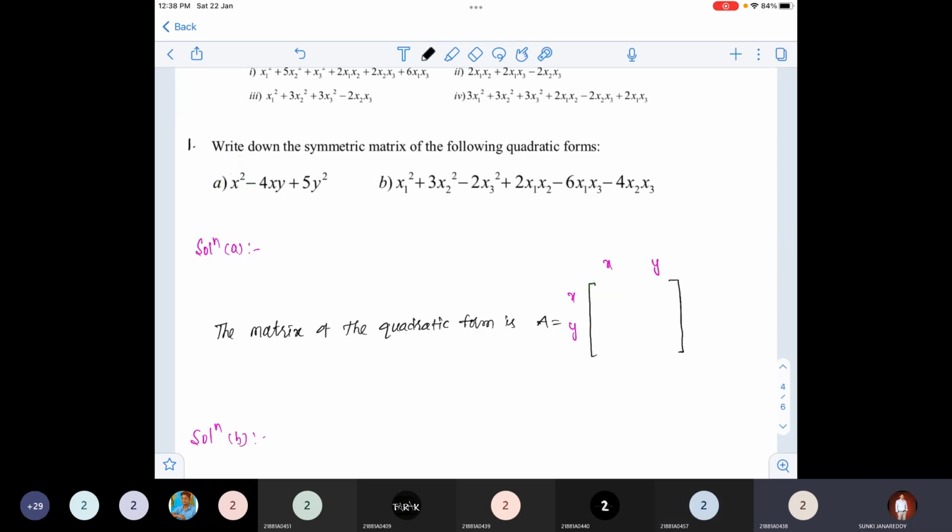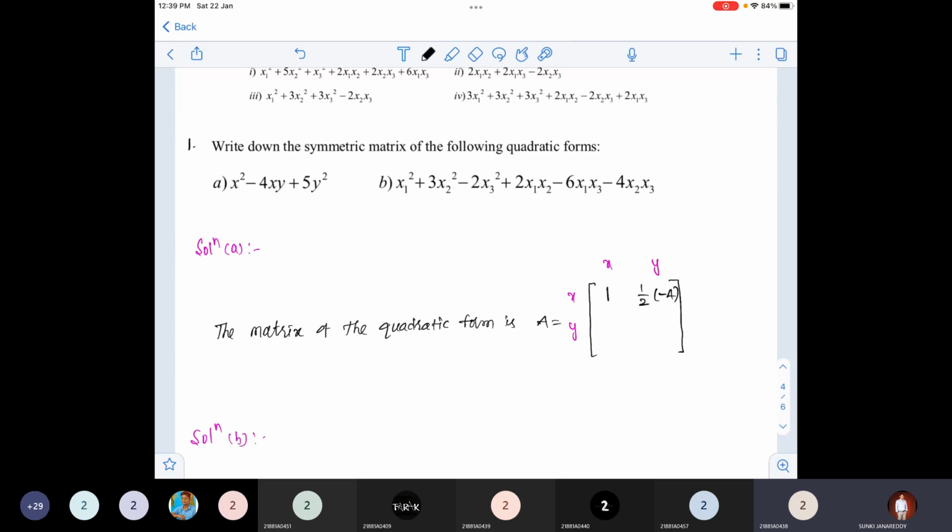Next, different variables, so xy. How to take the xy coefficient? Already we discussed in the last class: 1 by 2 into minus 4.